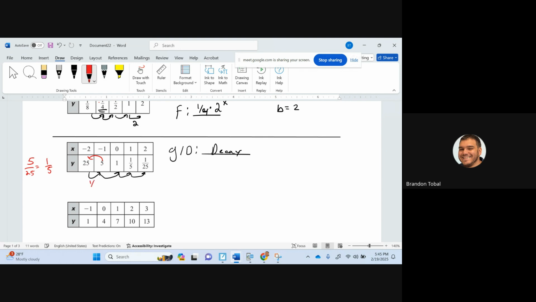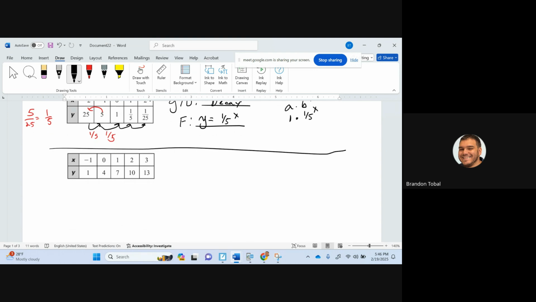So it looks like I'm multiplying by 1 over 5 each time. So when I look for the formula or the function, it's a times b to the x. a is going to be where x equals 0, which happens to be 1 this time. And b is the rate, or what's happening each time. It's 1 over 5 to the x. So the answer is y equals (1/5) to the x.